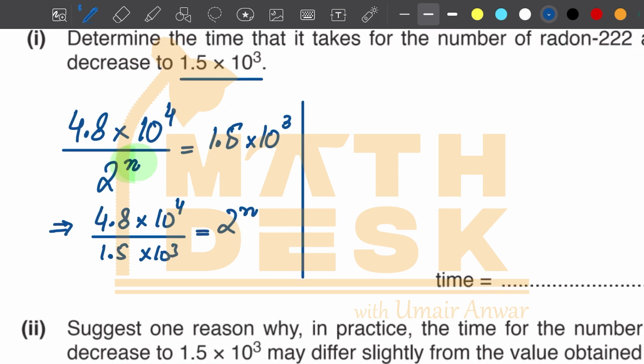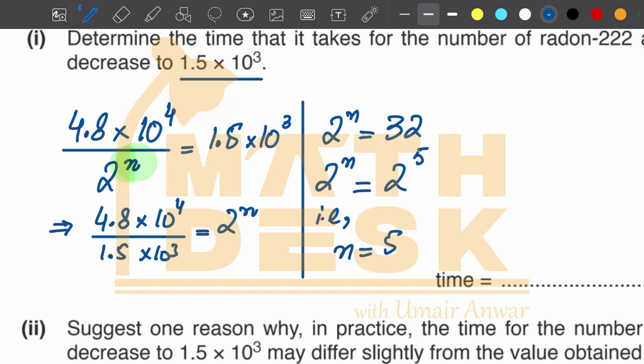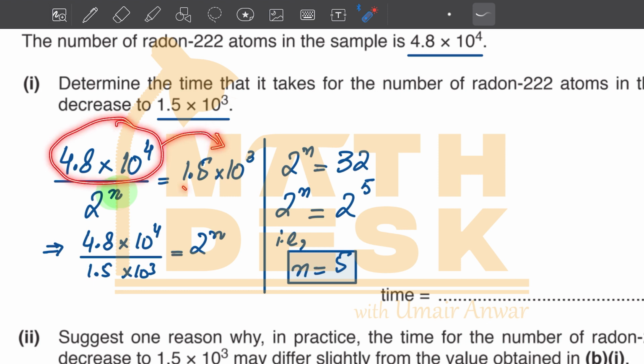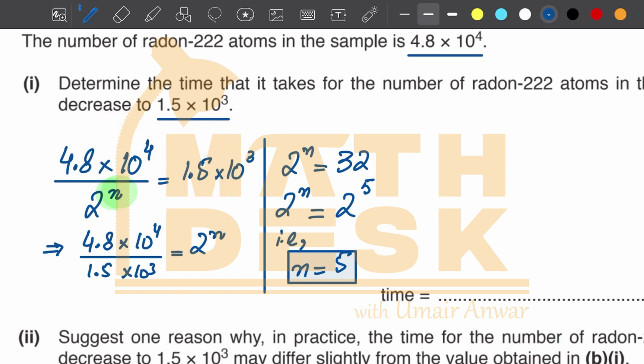In the next step, the division gives us the answer of 32, which is equal to 2^n. If I convert 32 with the base of 2, the power would be equal to 5, and here the value of n that we get would be equal to 5. So it means 5 half-lives would be required in this case to convert the starting number of radioactive substance to this number, which is 1.5 × 10^3.